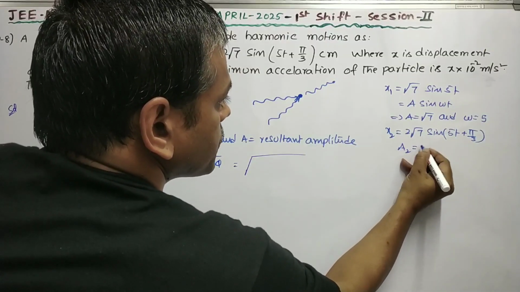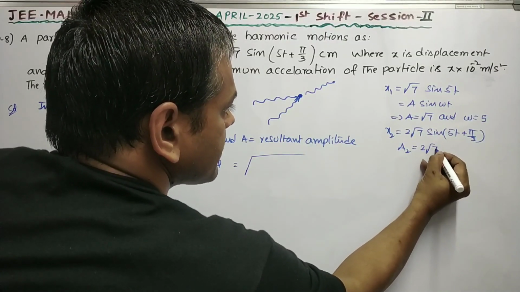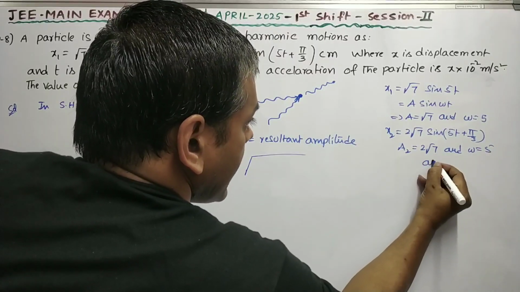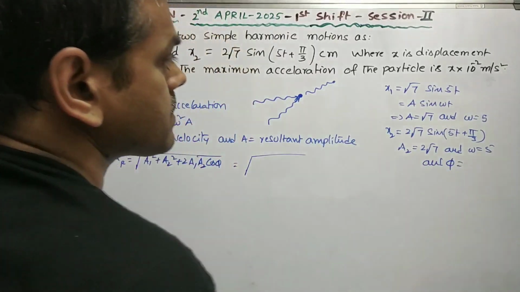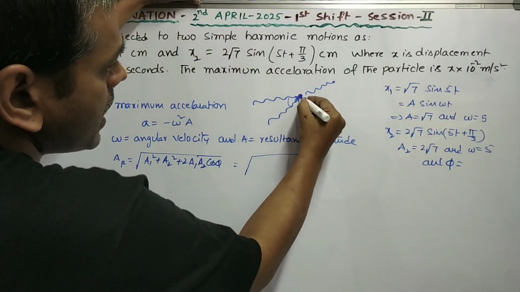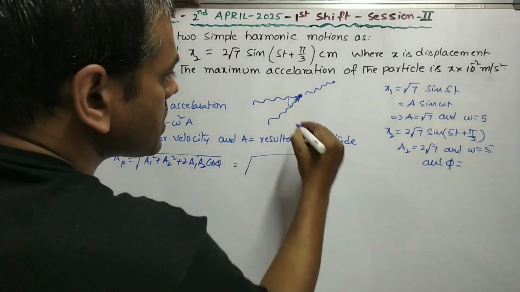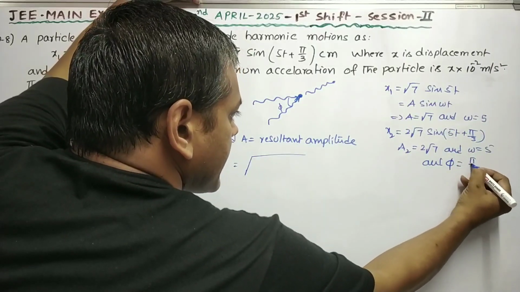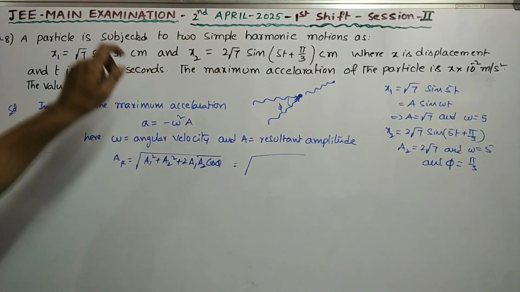So A2 is 2 root 7 and omega is pi. The phase difference between these two motions arriving at the common point of the medium is phi, which is equal to pi by 3. Okay, substitute all the values in this one.